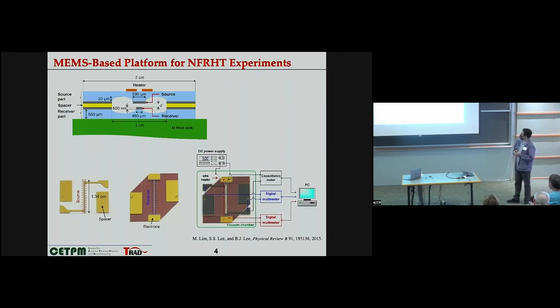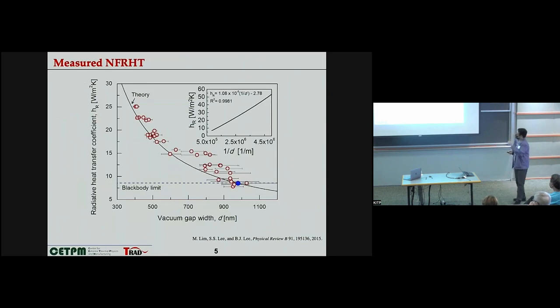The first generation of our device has a clear limitation: there is no means to control the gap distance between these two heat transfer areas made of doped silicon. We can vary the gap distance, but we cannot control it in a precise manner. But with this very primitive design, we performed the experiments, and we got the radiative heat transfer with respect to the vacuum gap.